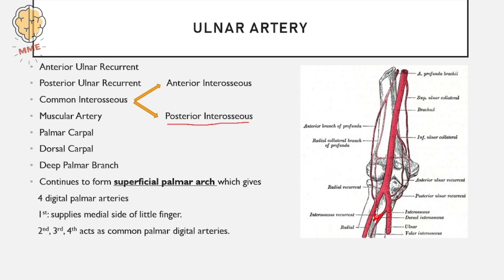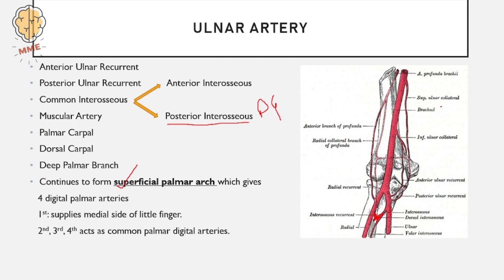So it is even asked in your PG questions from where the interosseous recurrent originates, from which branch. So you have to mark the answer as posterior interosseous branch of the ulnar artery. Then comes the muscular artery, carpal, palmar carpal, dorsocarpal, and deep palmar branch, and continues as the superficial palmar arch. Okay, superficial palmar arch.